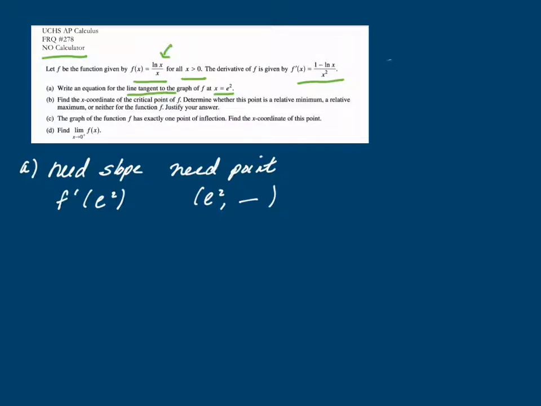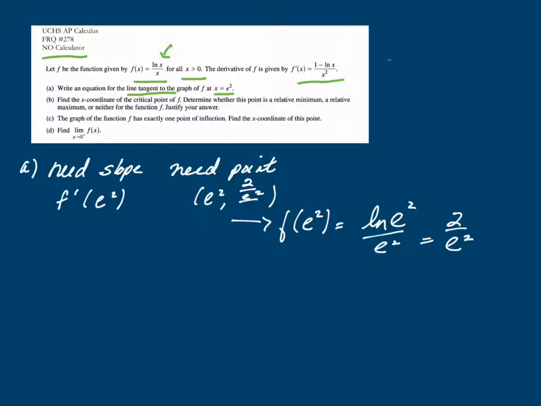To get the y, you just put that back into f of x, right? So this would be f of e squared, which is equal to ln of e squared over e squared, which is 2 over e squared. So now we have this point. We have e squared and 2 over e squared.